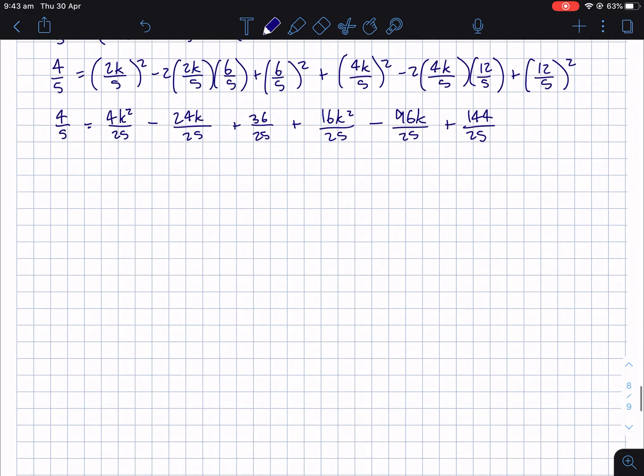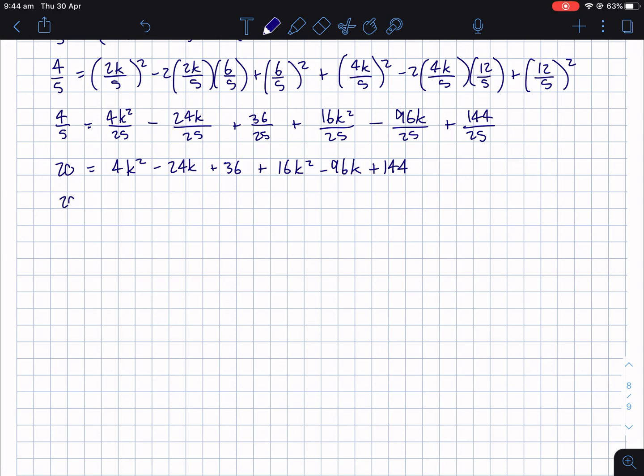I'm going to multiply everything by 25 and I get 20 equals 4k squared take 24k plus 36 plus 16k squared take 96k plus 144.